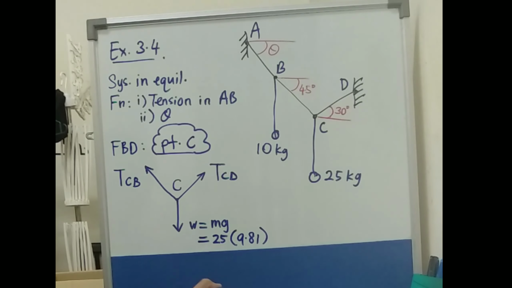From point C you have the weight pointing downward. You can just write W, which is equal to mg, mass times gravitational acceleration, so 25 times 9.81.